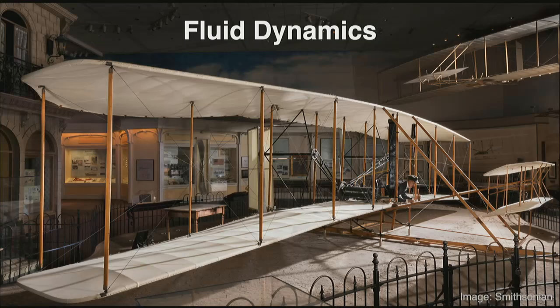It's not the first to fly, but it's the first one that was powered and controlled and sustained, and there's a human in it, right? So in a lot of ways, the first airplane, if you think of it in the modern sense. If you're in Washington, D.C., you can go see the real thing. So this is a picture of the real thing. It's not a replica, it's the real thing that was flown by the Wright brothers, right? So in 1903.